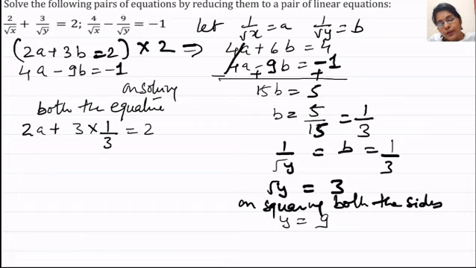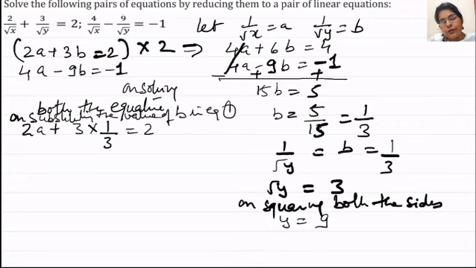We will write here on substituting the value of b in equation 1. This 3 cuts, and then what did we get? 2a plus 1 is equal to 2. So 2a is equal to 2 minus 1 is equal to 1.